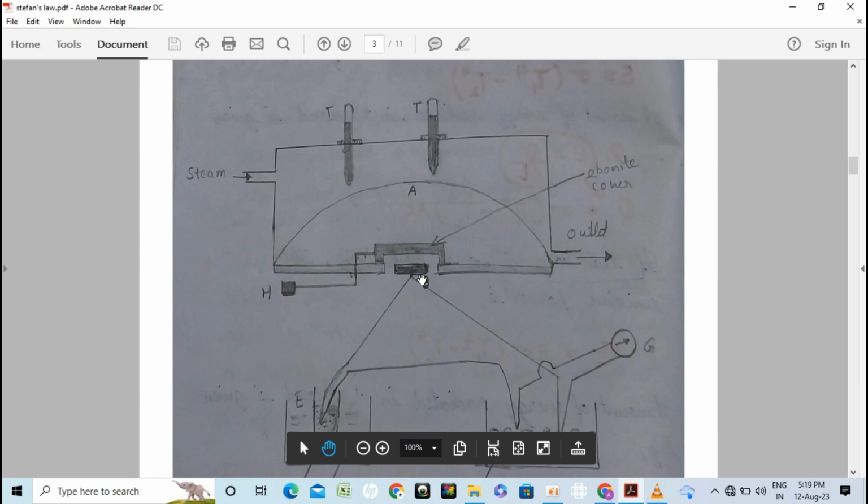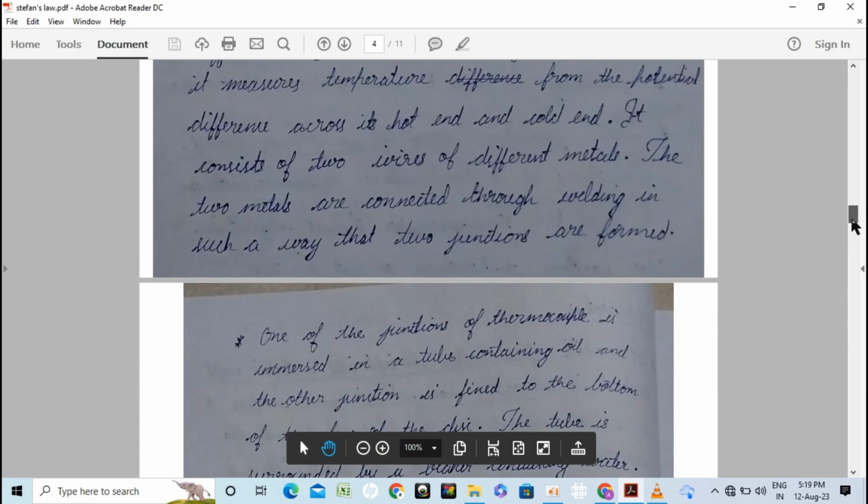Now it is reversed. This is the hot junction and this is the cold junction. So there is a temperature difference. Due to this temperature difference, potential difference is developed, and due to this potential difference, the galvanometer shows some deflection. So the galvanometer deflection is noted after every 10 seconds, and a graph is plotted.